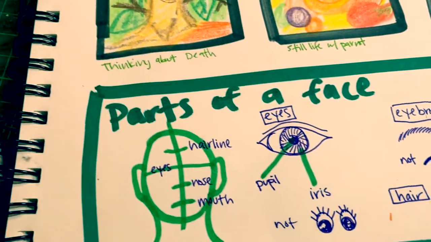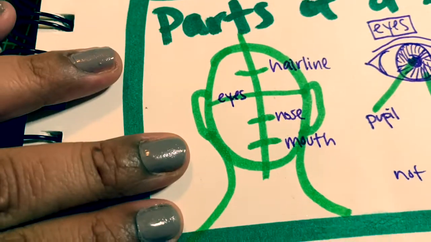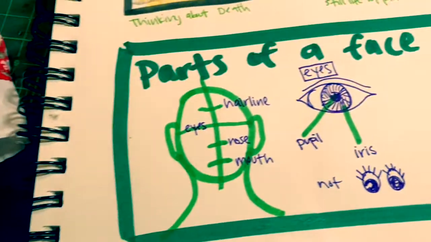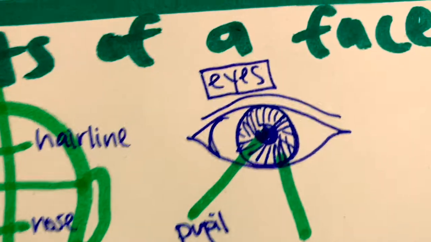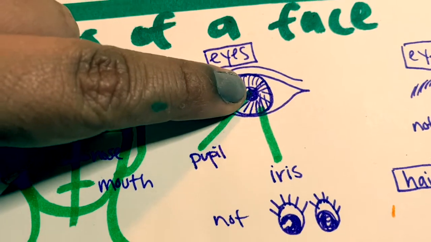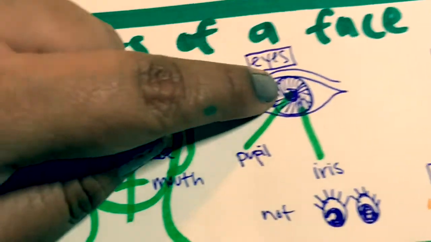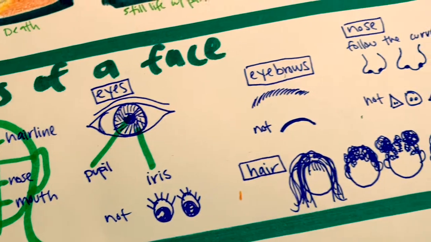When we draw realistic, we have the different parts of our face, because our face isn't flat. We want to show that it has form, that it curves. So our eyes are not going to be cartoony. You're going to really take a look at your eyes and look at the parts of your eye, like your pupil and your iris. There's a little highlight in the eye where the light is touching your eye.